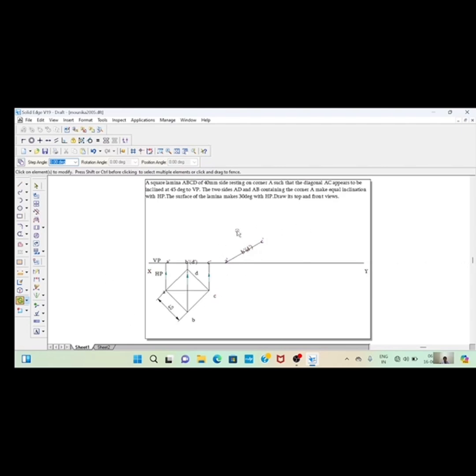Now we should project all the top views and also front views to get a second view. Take a normal line, project all the points. Project from A to C and A to A dash.